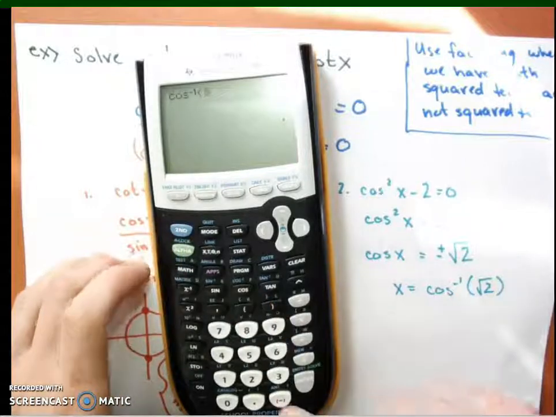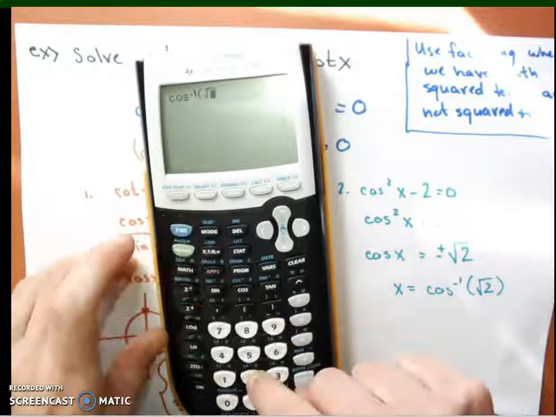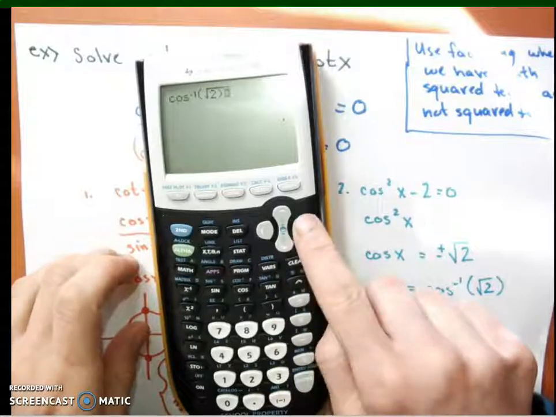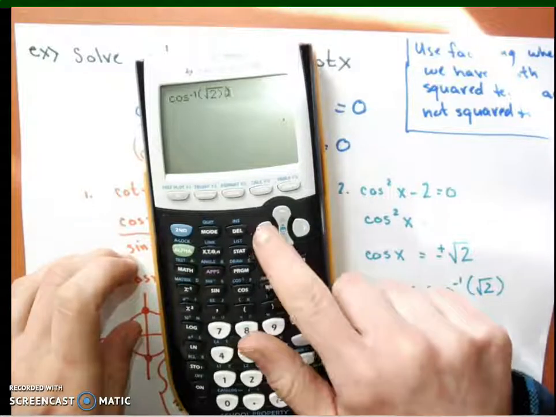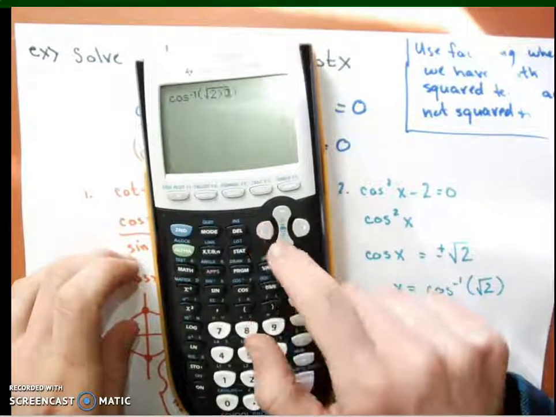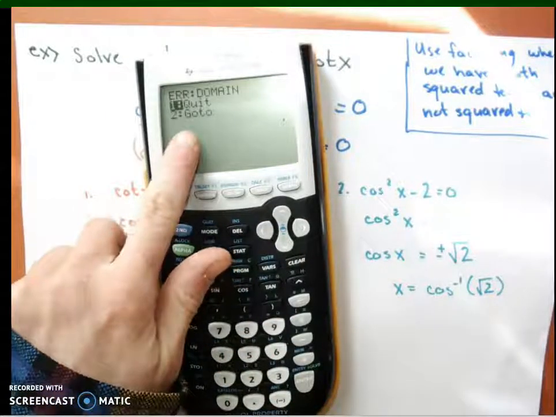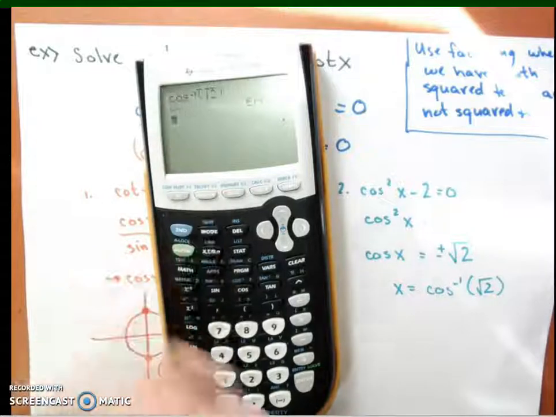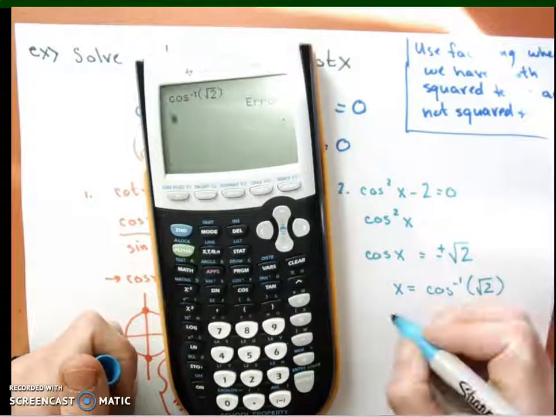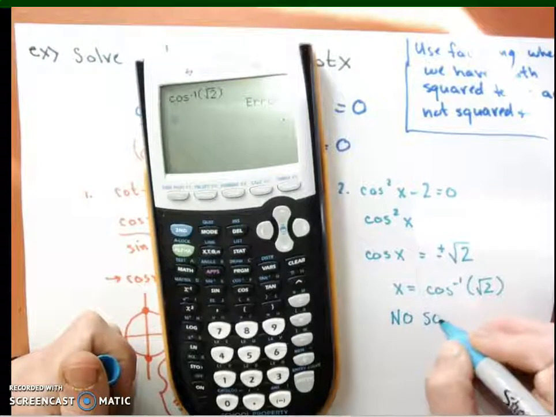So if I do inverse cosine square root of 2, then what happens, maybe you can already predict this, I get an error. Now why is that? So there's no solution.